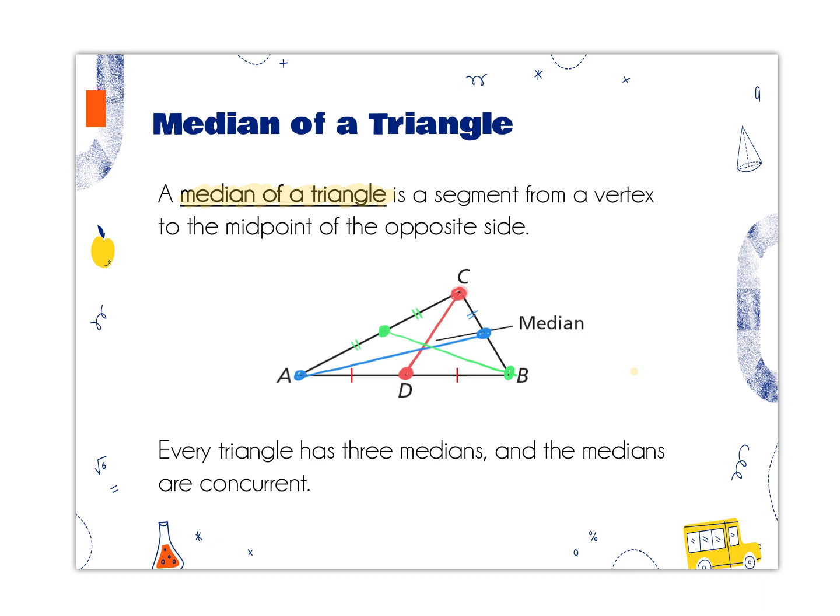When I did the blue median, I knew that this segment would equal this one. And so what the medians do is they split the opposite side into equal parts.